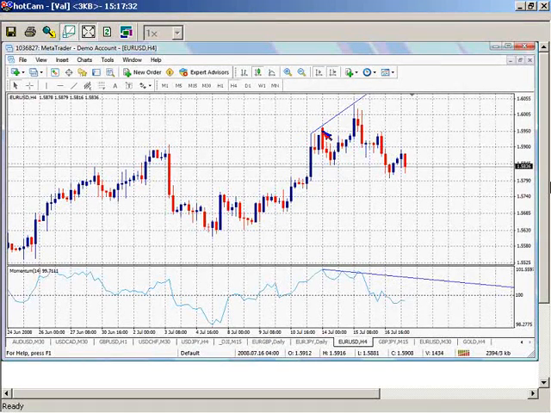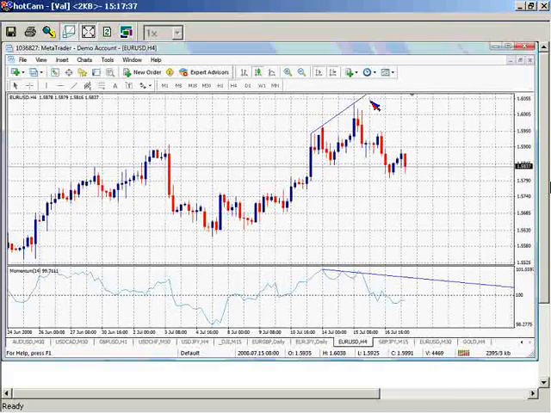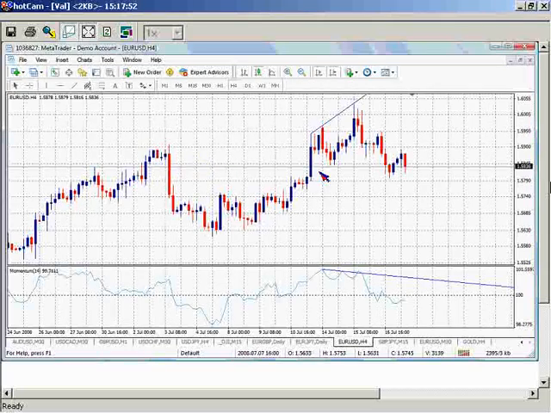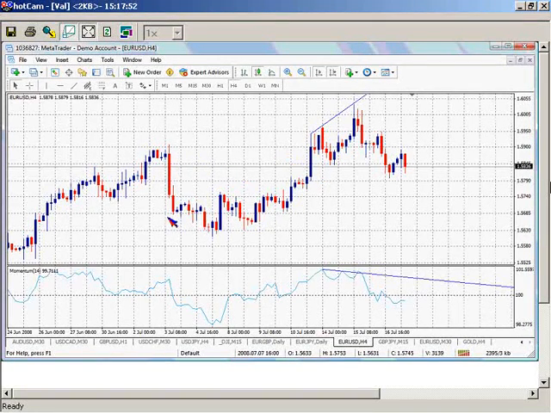It's not the best example here, but it could be considered a divergence. And that means the currency is quite tired of moving up and should turn down quickly. That's a divergence, a difference of directions between the price chart and the indicator. It can be measured in almost any indicator.